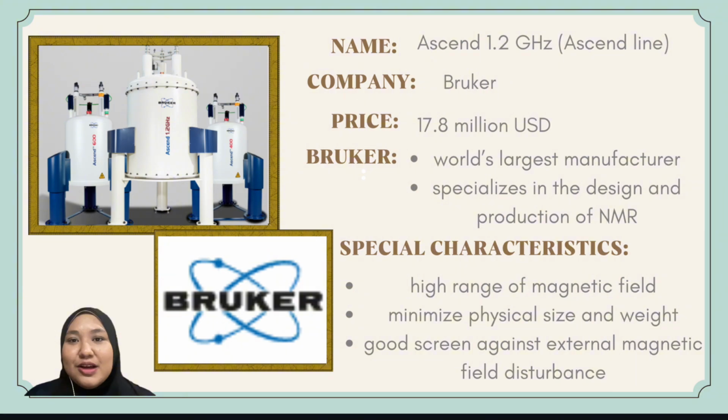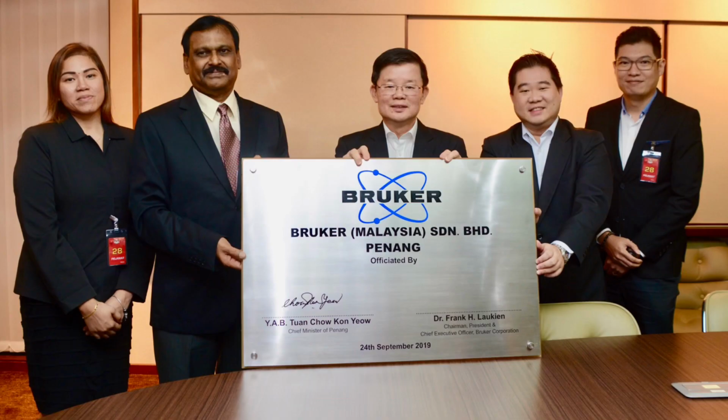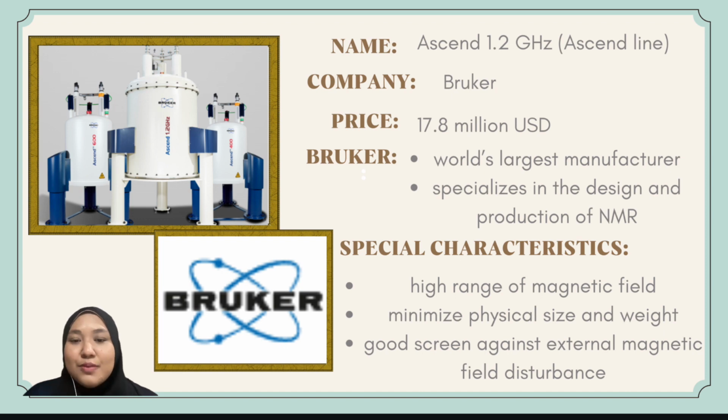So let's talk about the SN 1.2 GHz. It's produced by a company called Bruker and it costs about $17.8 million. Bruker is the world's largest manufacturer specializing in the design and production of NMR, with SN lines combining several of Bruker's proprietary innovative magnetic technologies for best performance and cost effectiveness.